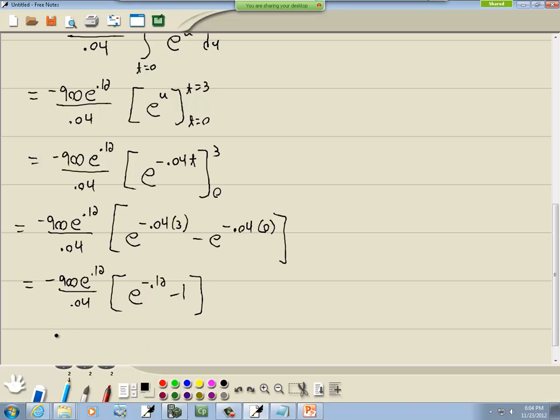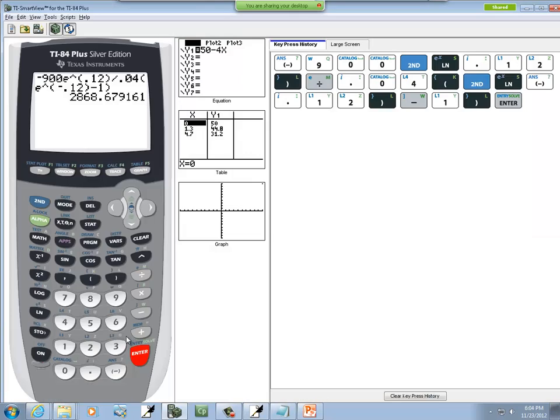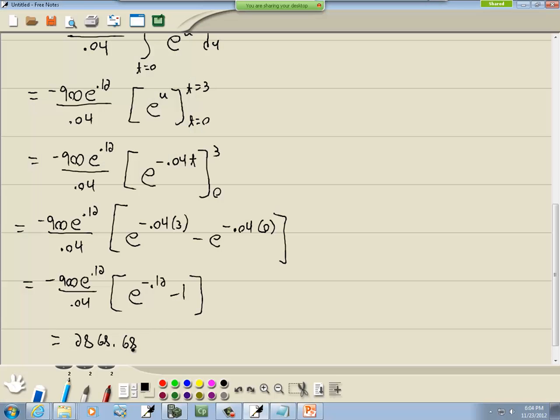And the amount of annuity is equal to 2868.68. Barring any basic math error I made there.